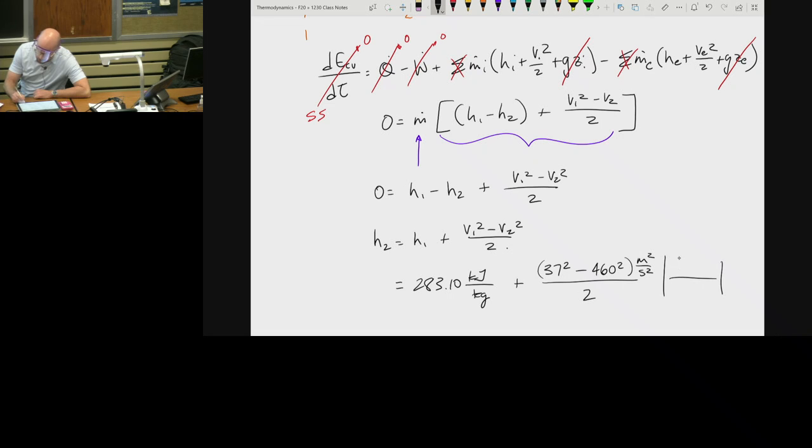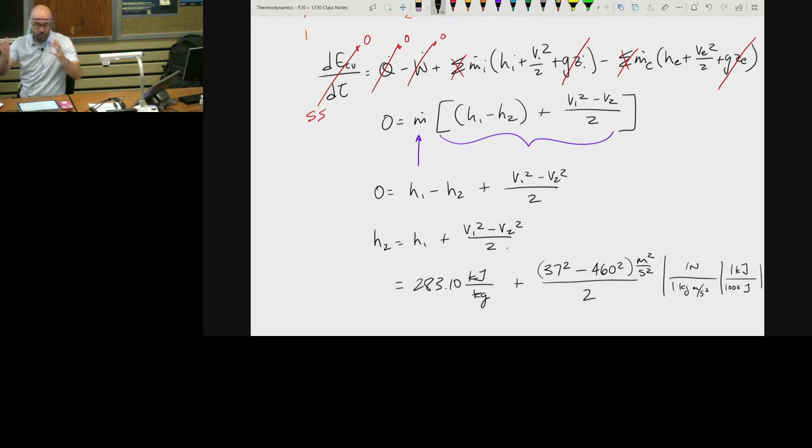We know that 1 Newton is 1 kilogram meter per second squared, so 1 kilojoule is equal to 1,000 joules.